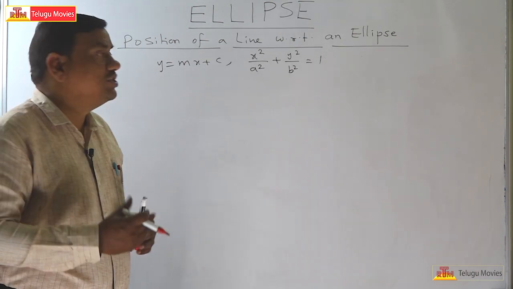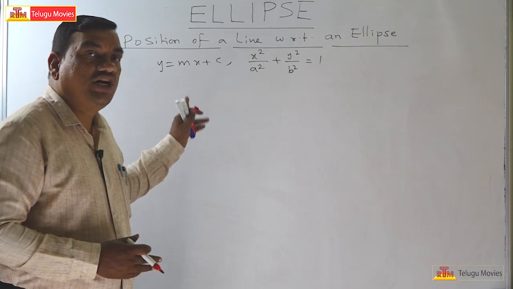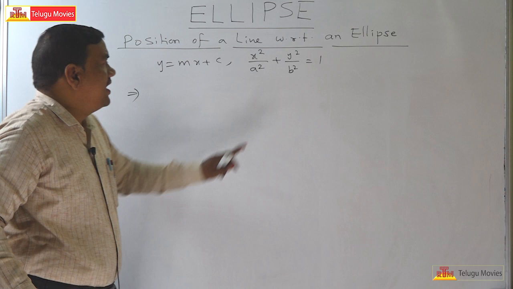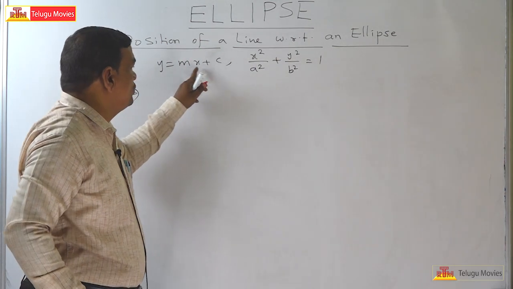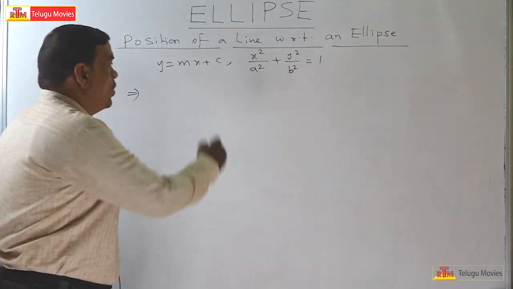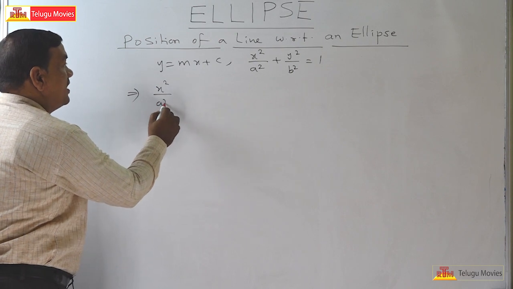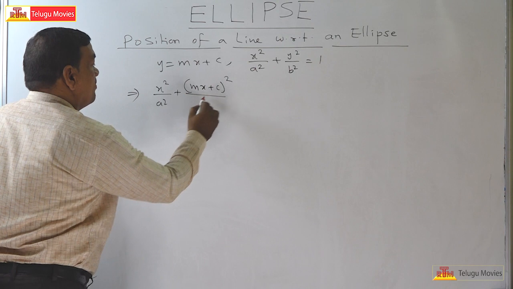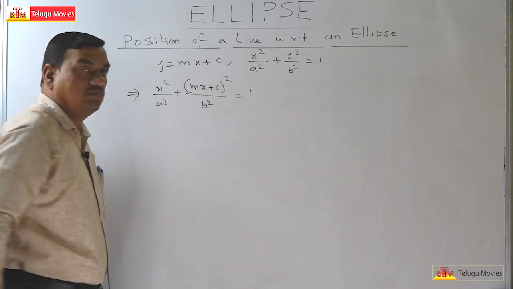Now let us solve these two equations, the straight line equation and the ellipse equation. How to solve it? Very easy: in place of y substitute mx plus c. So x square by a square plus (mx plus c) whole square by b square is equal to 1.